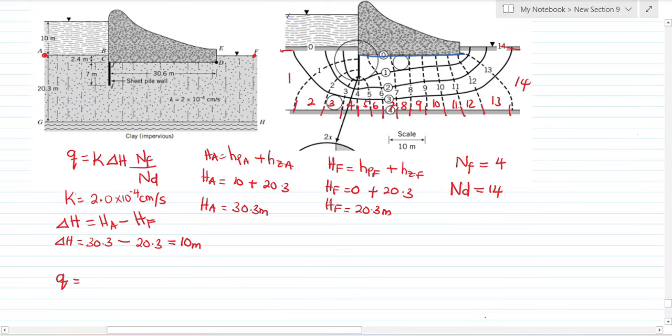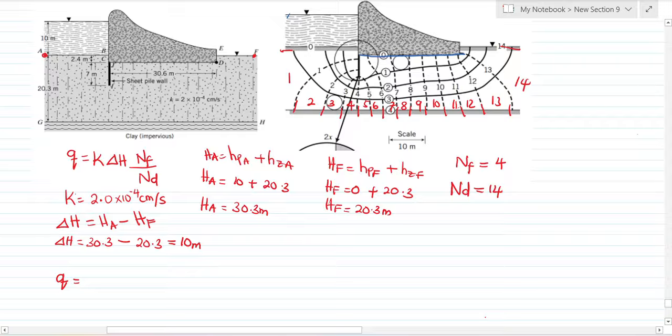Now remember, this flow rate is per unit width of the dam. We know that the unit for flow rate is meter cube per second, right? But when we get it per unit width, that is per meter, our actual answer is going to be meter squared per second. That's going to be our units, so let's take note of that.